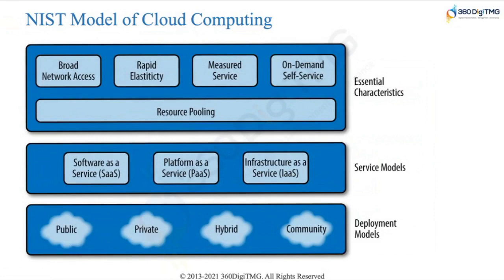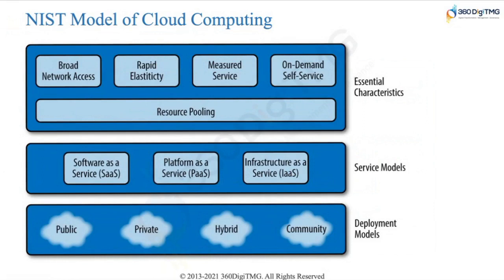According to the NIST model, these were the essential characteristics a cloud should have. Broad network access. First of all, if any vendor wants to be a cloud vendor, there should be broad network access. That means globally available, not in one place. They should have their infrastructure across the globe.